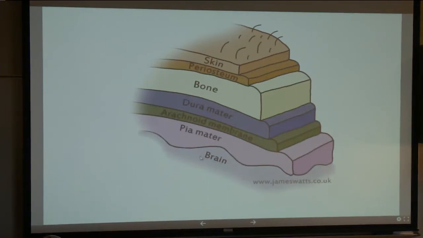So here we can see the skin, and then your bone, the outer periosteum, but the inner periosteum with the cranial bones is your dura mater. And then your arachnoid mater, which is very delicate, so if you take the bone off, sometimes the dura mater would go with it, of course, and then the arachnoid gets messed up. So really all you're left with is the pia, which is stuck directly to the brain.